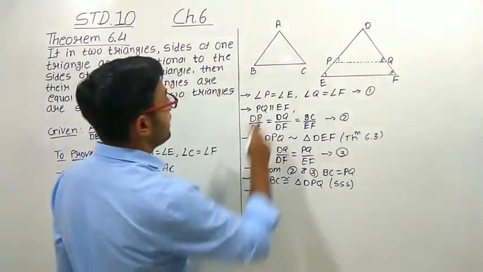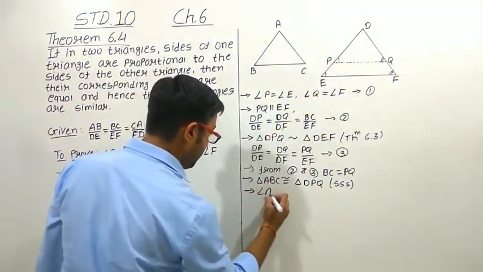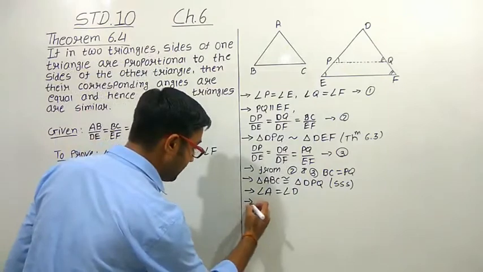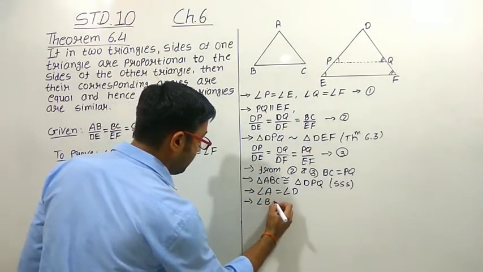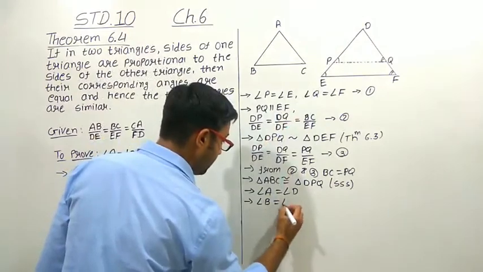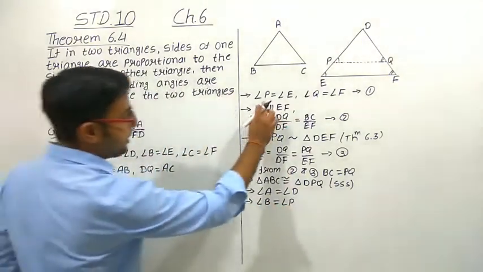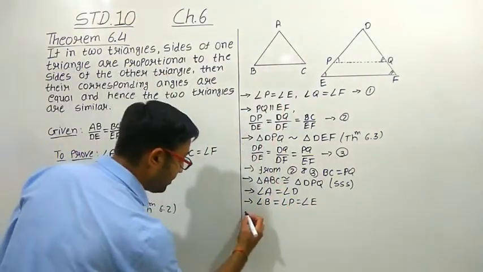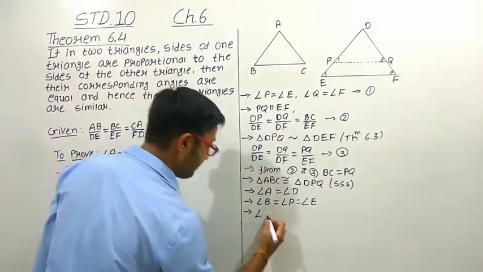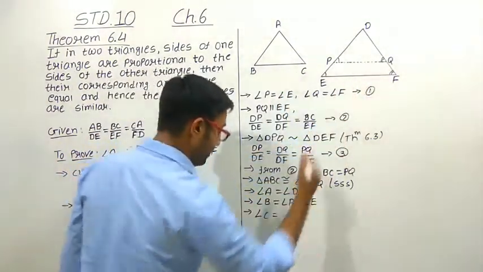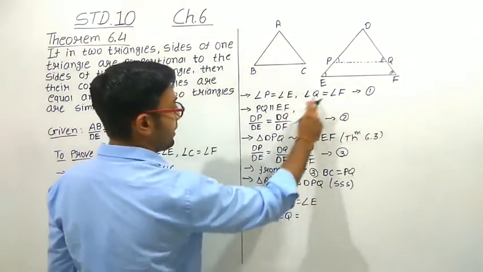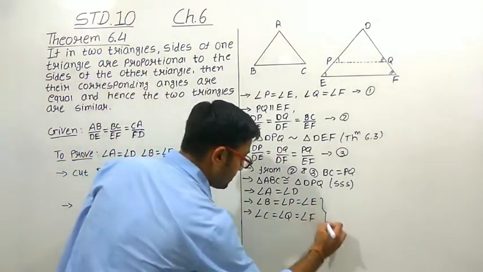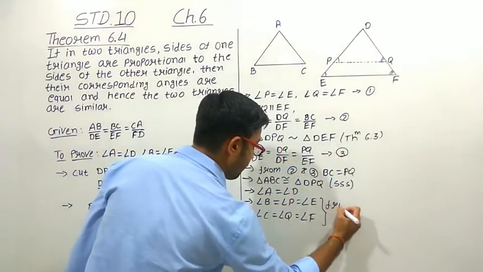So here, angle A will become equal to angle D. Second, angle B will become equal to angle P. And see here, angle P is also equal to angle E, so this angle B will become equal to angle E. Now the third angle, angle C, will become equal to angle Q. And here we have written that angle Q is equal to angle F. So both these we can write from result number 1.